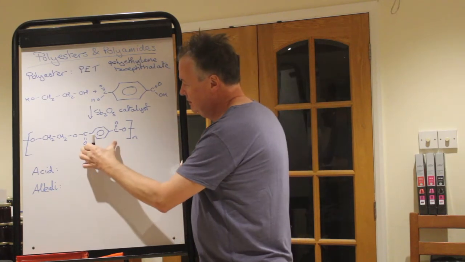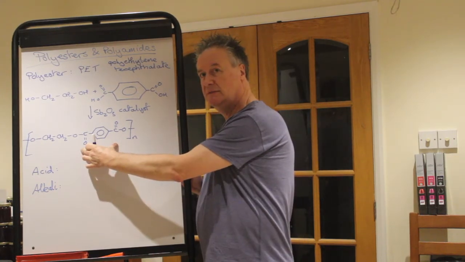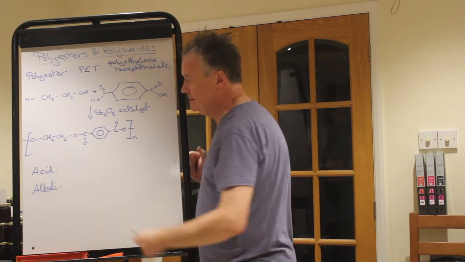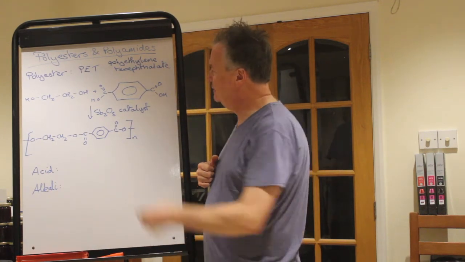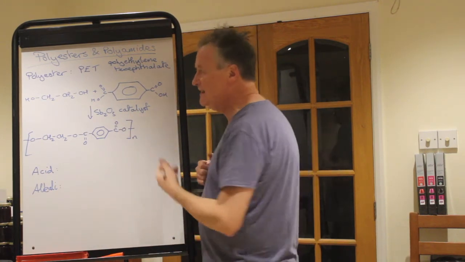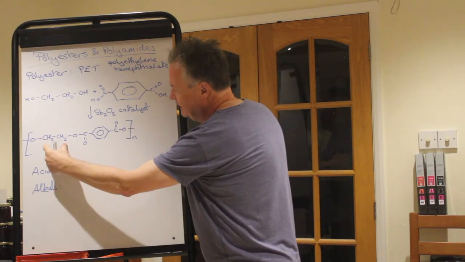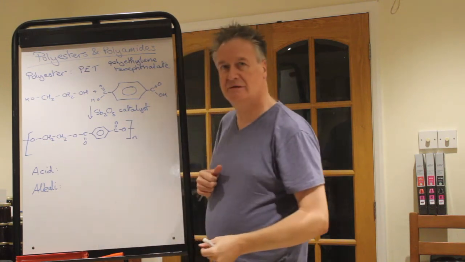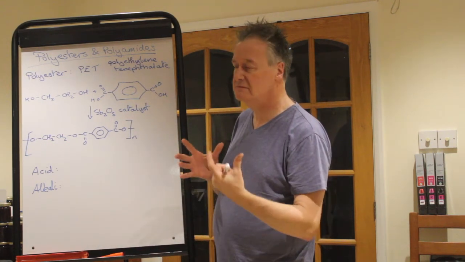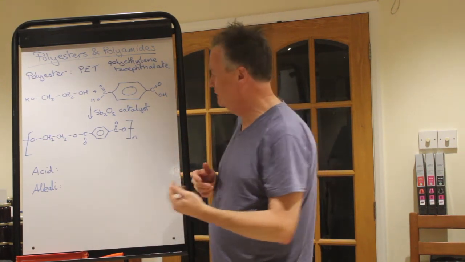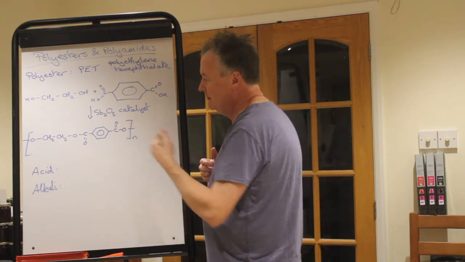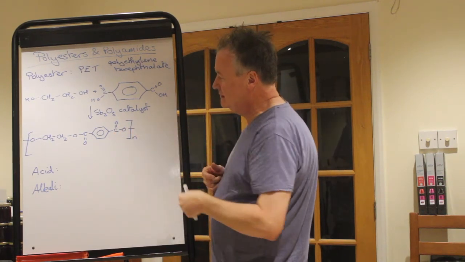So here's the benzene dicarboxylic acid, here's the remnants of the diol. I know why the name is polyethylene, because it talks about this bit here, because CH2 is nominally ethene. And so you have that repeating unit endlessly.